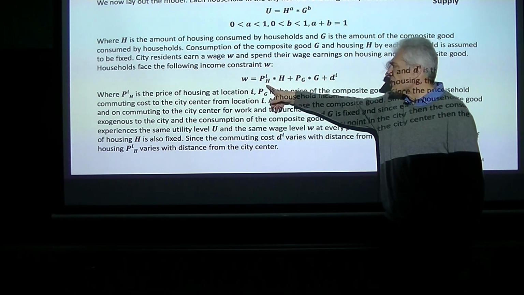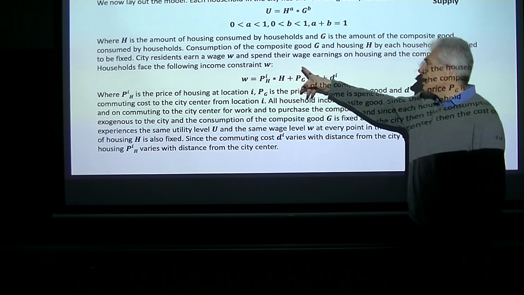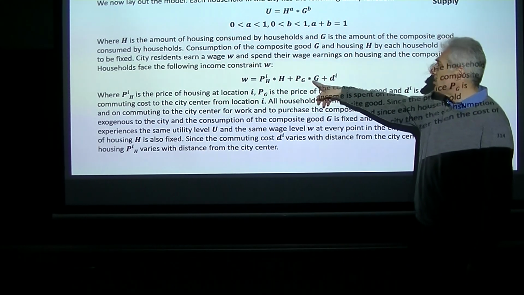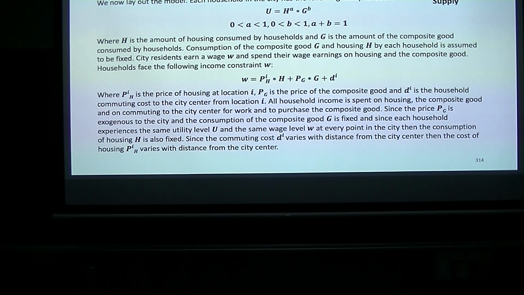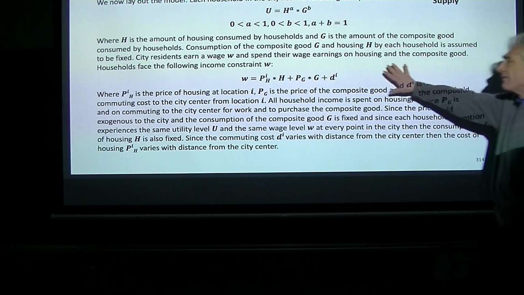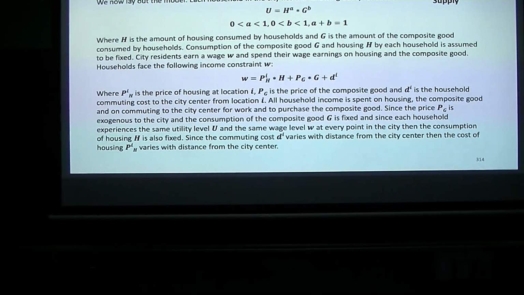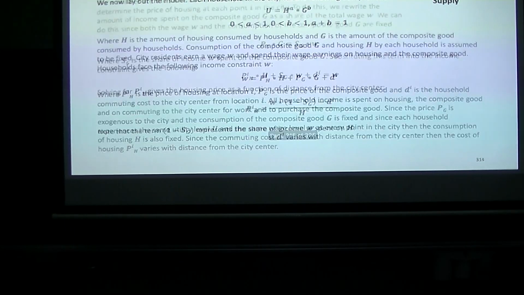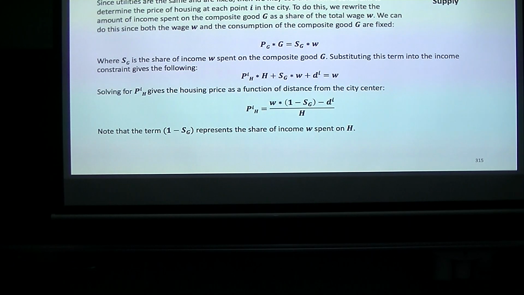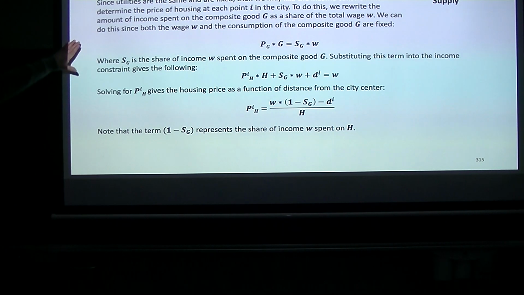The households purchase housing and a composite good, and they have commuting costs. So the d_i is commuting costs. I'm going to go over this very quickly. I just want to make sure that, but please go over this model carefully sometime over the next couple of weeks.